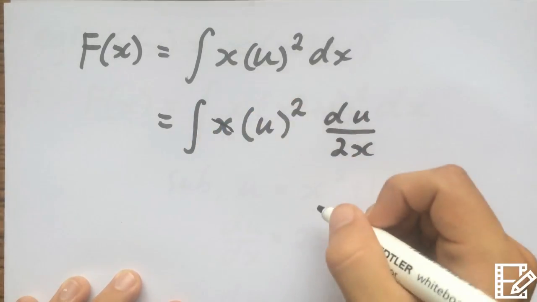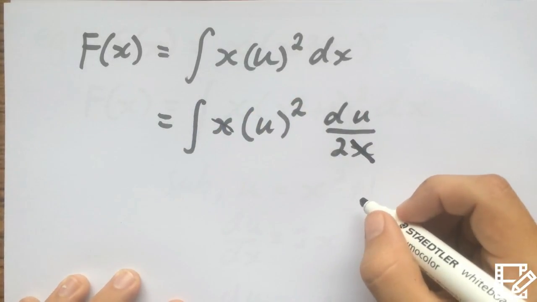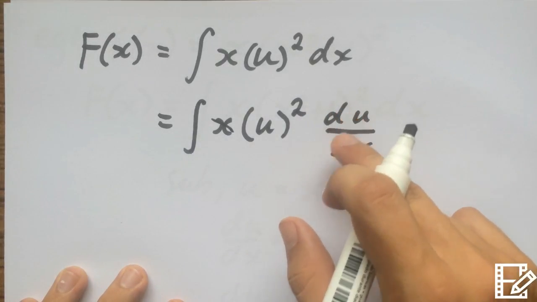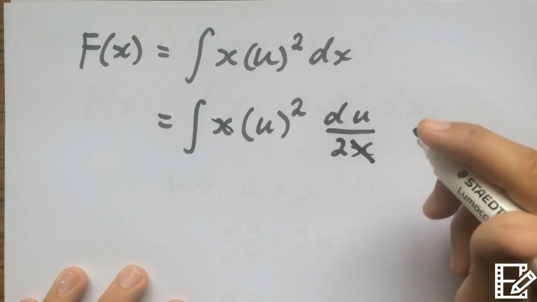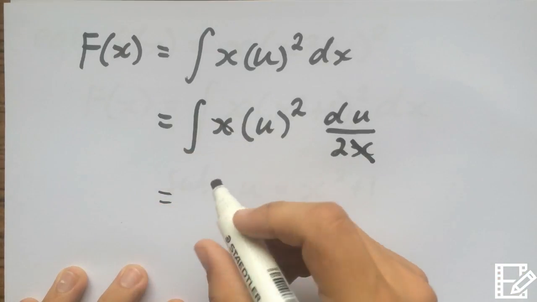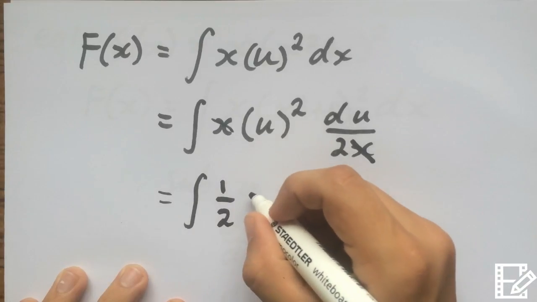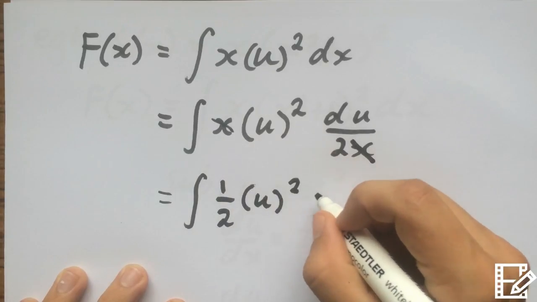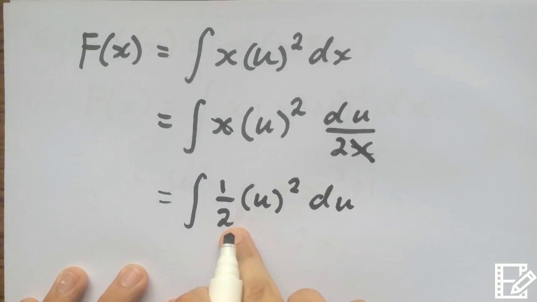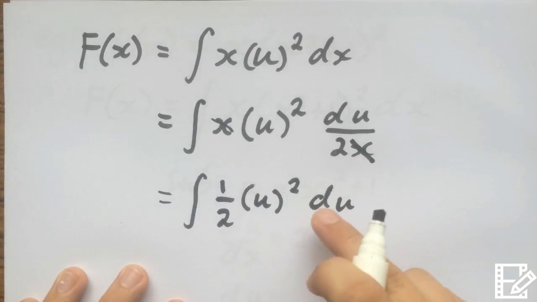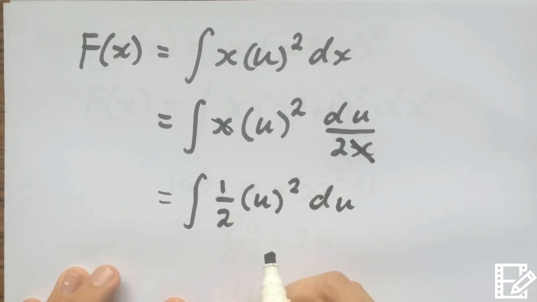So I'm going to cancel out the x, and I'm going to bring this fraction, du over 2, I'm going to split that and make it 1 over 2 u squared du. Because multiplying 1 over 2 by du, you would get du over 2. So I've just pulled it away.